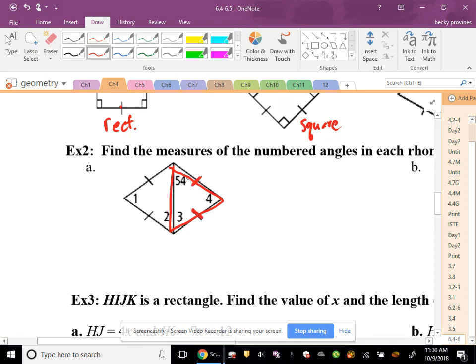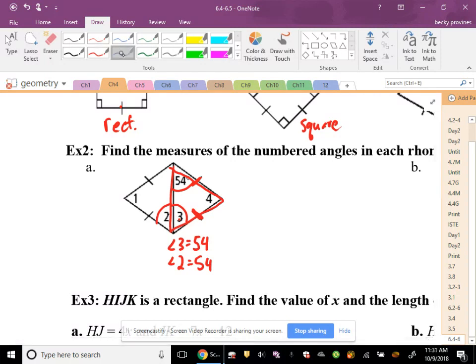If I have two equal sides, that means I have two equal angles. So angle 3 is also 54 degrees. Since angle 3 is 54, I know angle 2 is also 54 because it was an angle bisector.